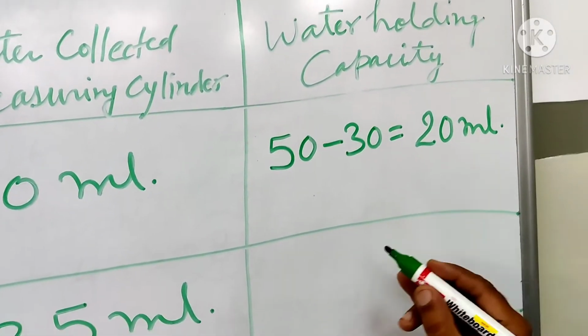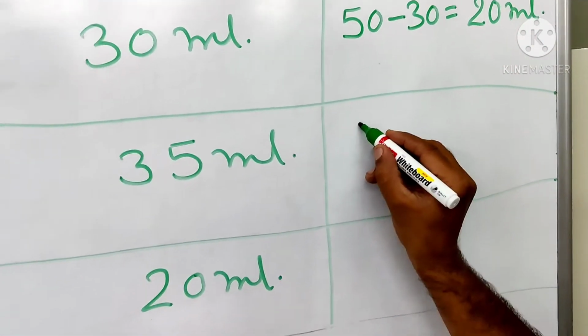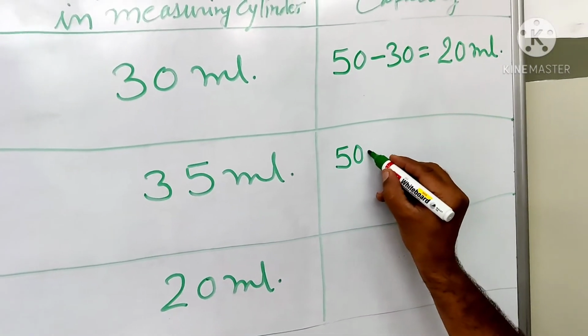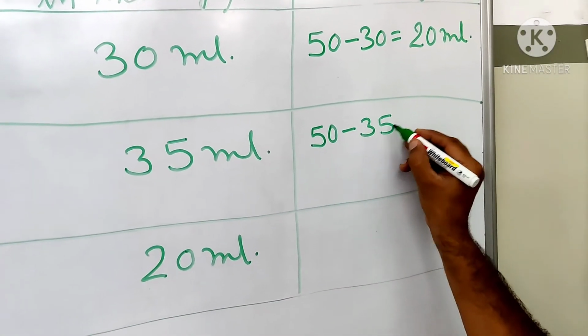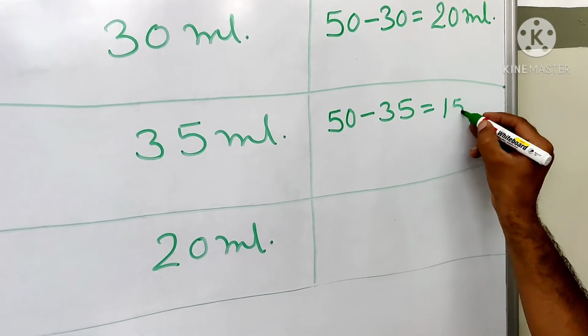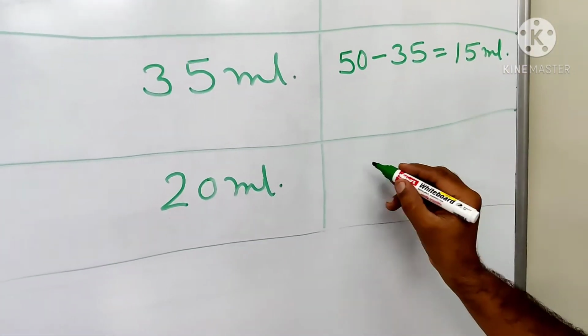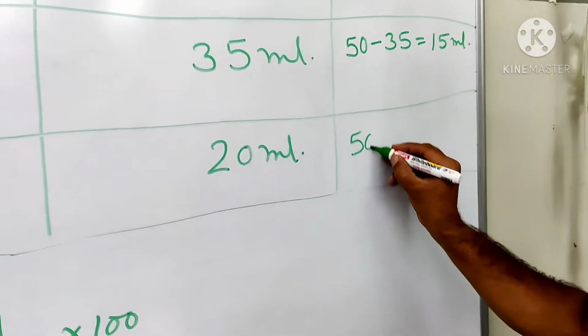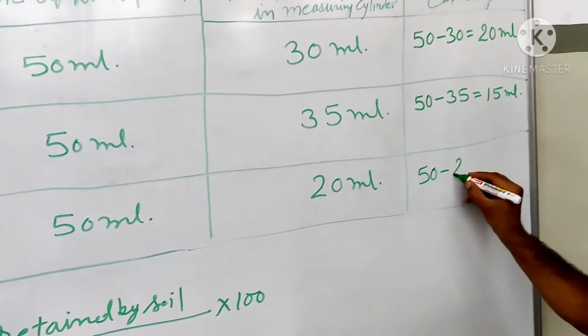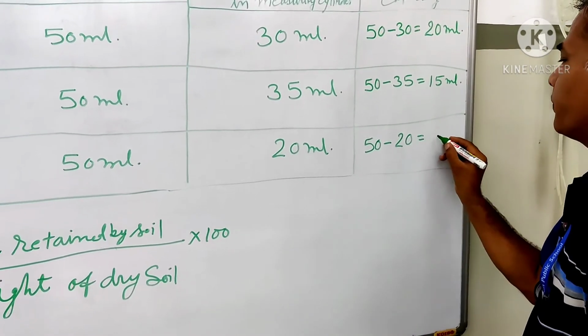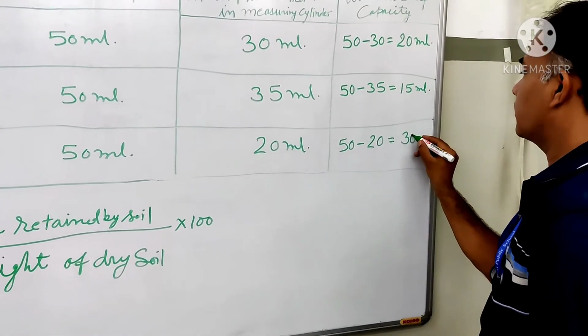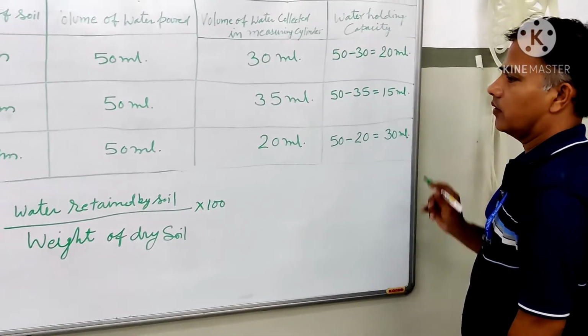Similarly, for the other soil sample, 50 minus 35, so the water held is 15 ml, and for soil sample C it is 50 ml minus 25 ml equals 30 ml.